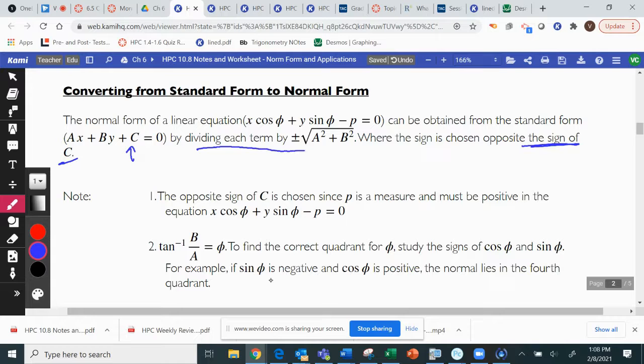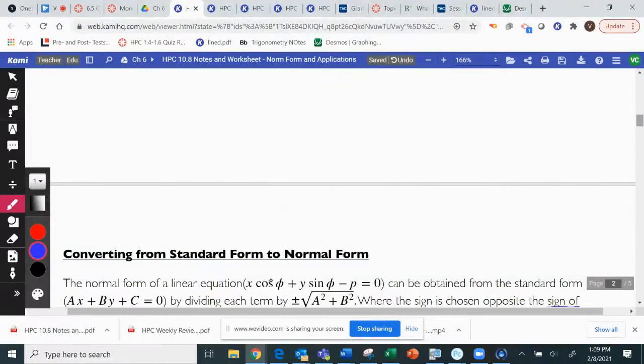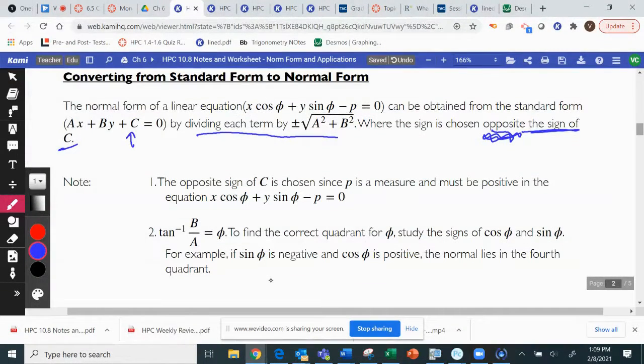This says to divide each term by plus or minus square root a squared plus b squared, where the sign is opposite of the sign of C. Yes? Yes, the A does need to be positive. Thank you for bringing that up. I should have said that. It was positive, right? Okay, just make sure.